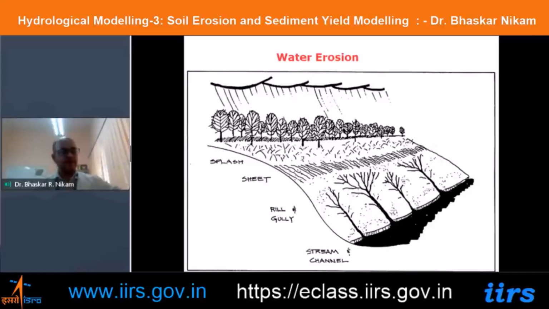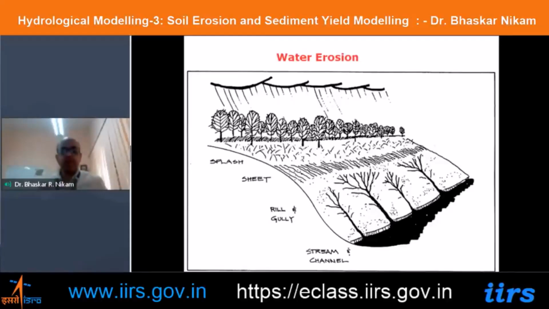The film of water will move over the surface as a sheet, and the stationary soil particles will offer resistance to the moving water sheet. Because the water sheet will have higher kinetic energy or higher total energy, it will dislodge those soil particles and carry them with itself, and that erosion is called sheet erosion.